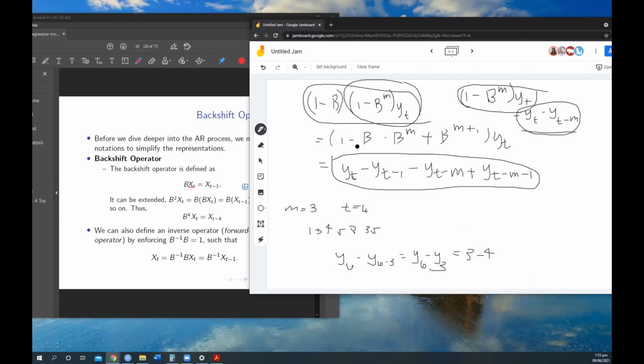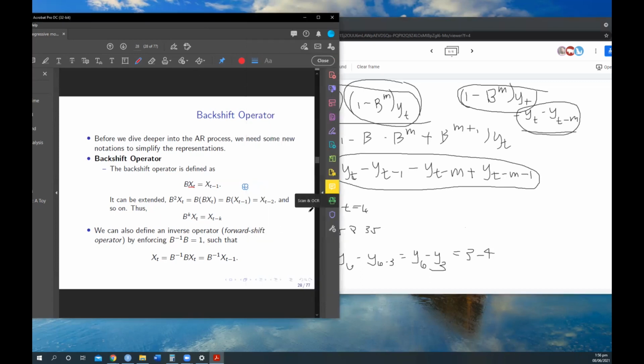So we are able to express this as differencing by seasonality, and then applying a first order difference. Correct. Yeah? So yan yung backshift operator. Very simple. Okay?